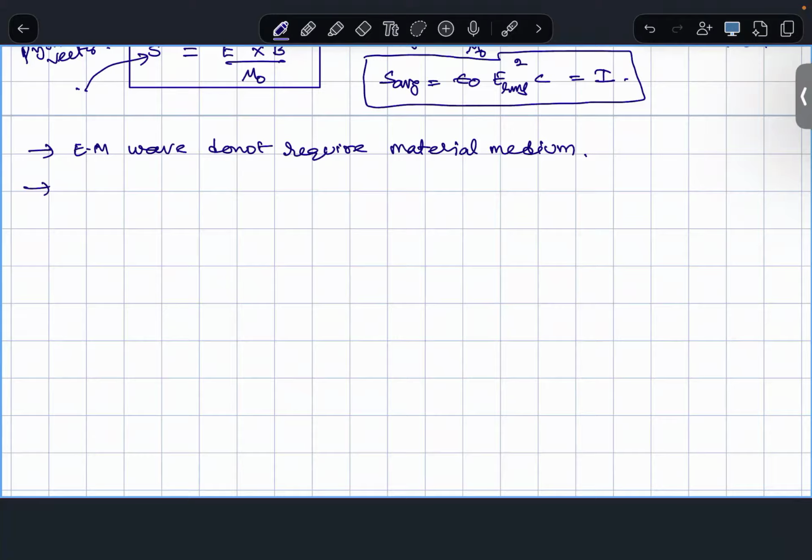Okay. So direction of propagation, C cap is equal to E cap cross B cap. You can use that.